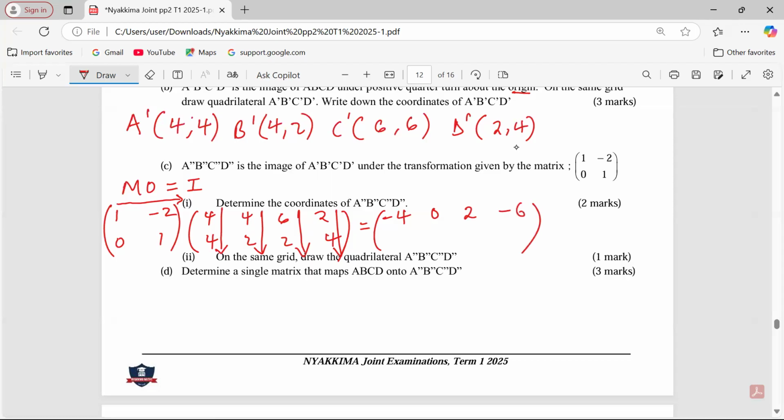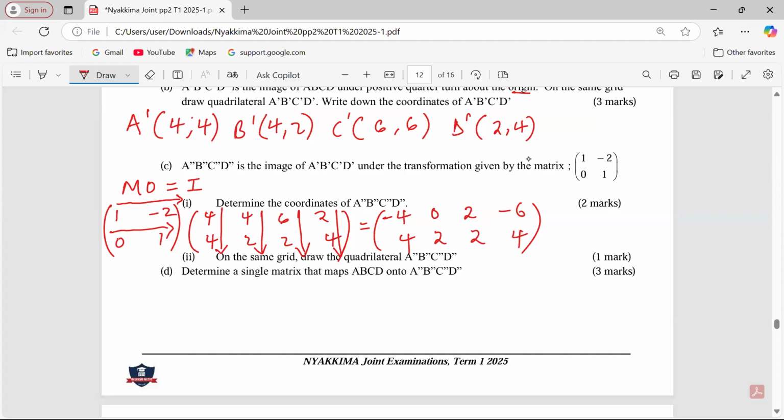Then on the lower row now, we come to this row times the first column, 0 by 4 and 1 by 4, giving us 4. 0 by 4 and 1 by 2, giving us 2. 0 by 6 and 1 by 2, giving us 2. 0 by 2 and 1 by 4, giving us 4.